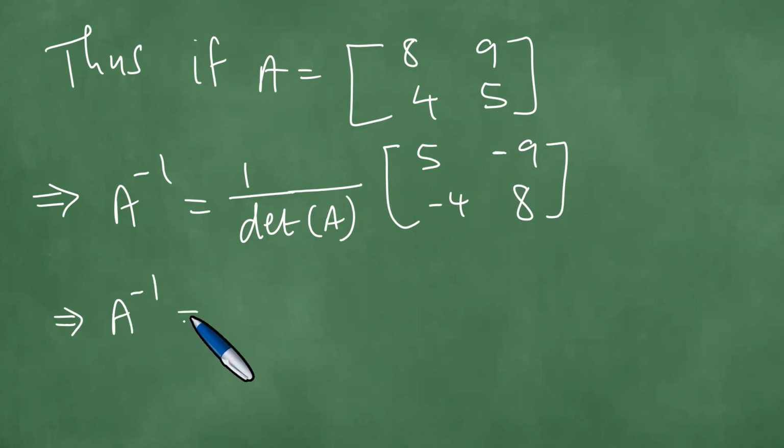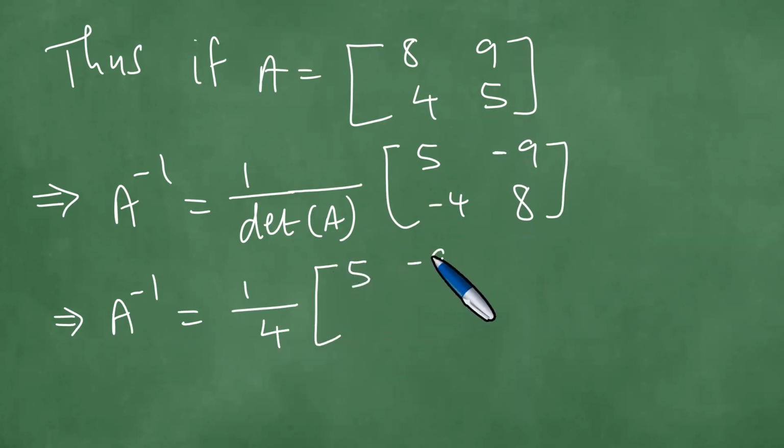And this means the inverse of A is 1 over the determinant, 1 over 4 into 5, minus 9, minus 4, 8.